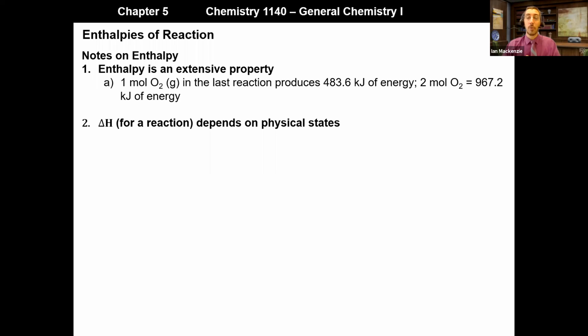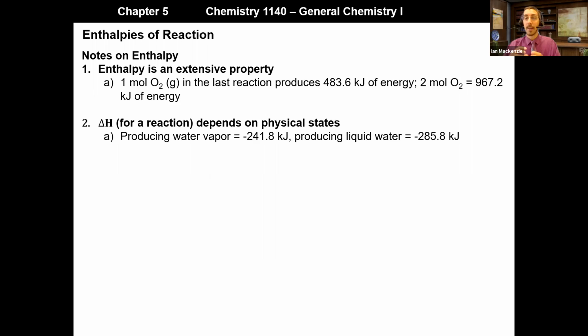Delta H for a reaction also depends on the physical states of the reactants and products. Producing water vapor, as we did, gives off negative 241.8 kilojoules per mole, whereas producing liquid water produces a different amount of heat, negative 285.8 kilojoules.